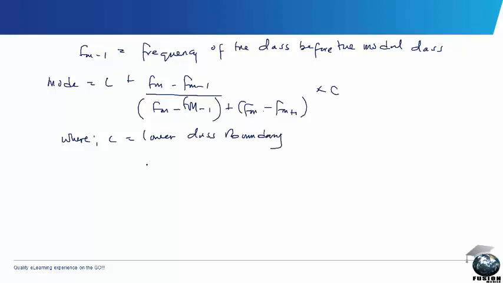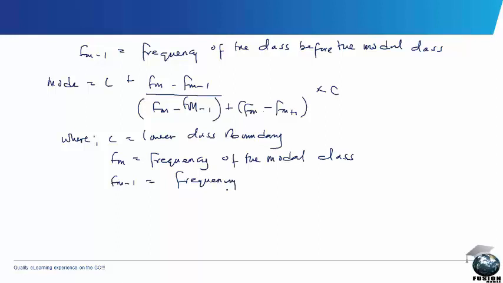and fm is the frequency of the modal class. And fm minus 1 is equal to the frequency of the class before the modal class.